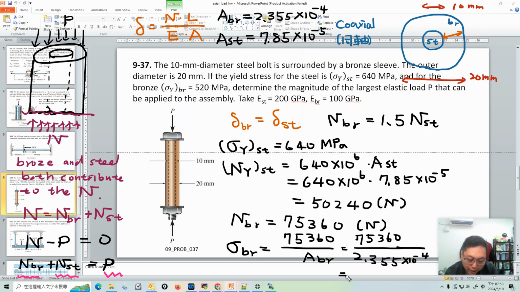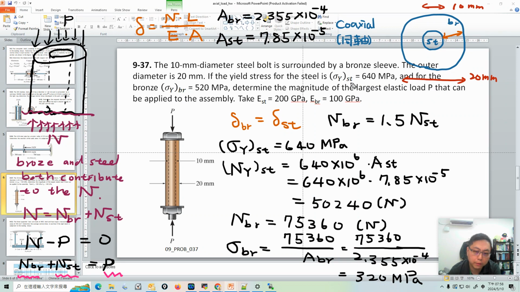I keep mixing up shear and normal. It comes out to 320 megapascal.